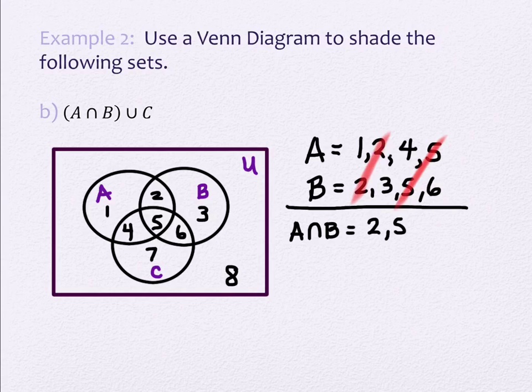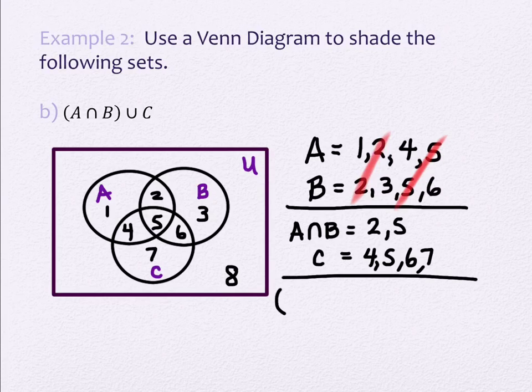Now I'm supposed to take the result of this, and I'm supposed to do this with the circle C. So what grouping of numbers are inside circle C? 4, 5, 6, and 7. And then I'm supposed to use those 2 sets, that is the result of A intersect B and C, and find their union. What does union mean?